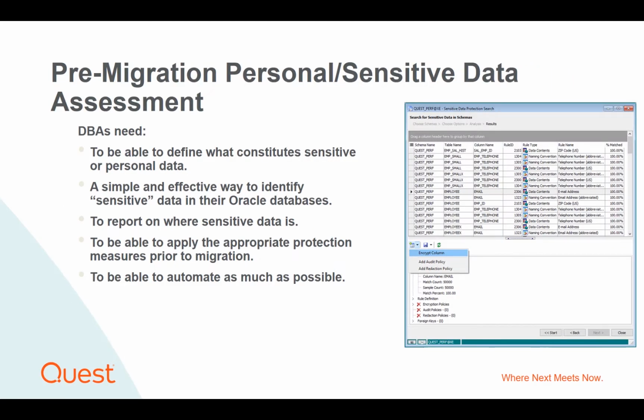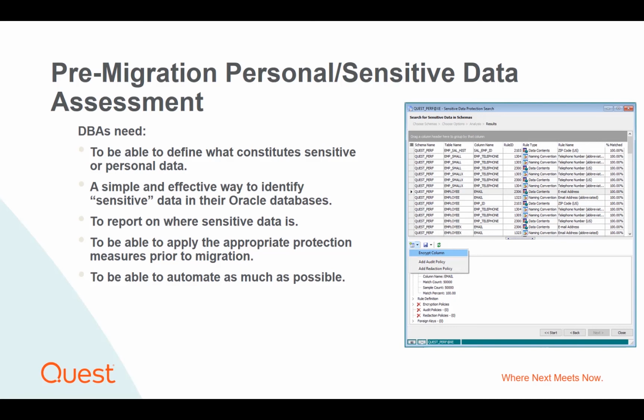I mentioned the PII data, so this allows you to scan through a whole schema, looking at the tables and looking at the contents, so not just the column names and naming conventions, but also the contents. We have some out-of-the-box policies like telephone numbers and addresses and email addresses and things like that, but you can customize that.